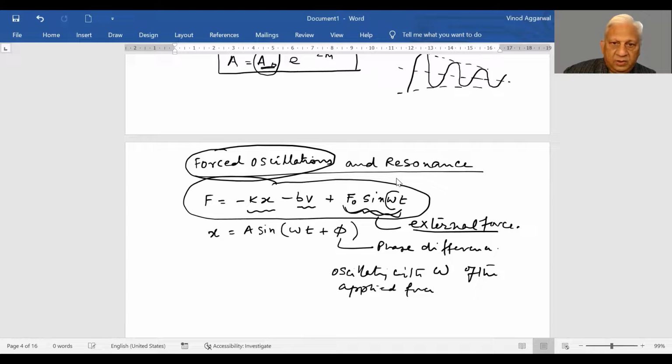This is our applied force, and this is the omega of the applied force frequency. After a while, the body starts oscillating with this frequency.